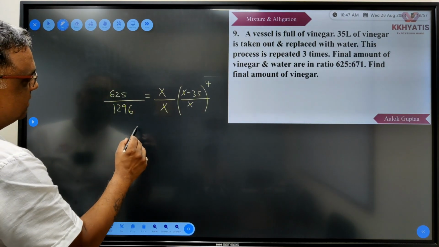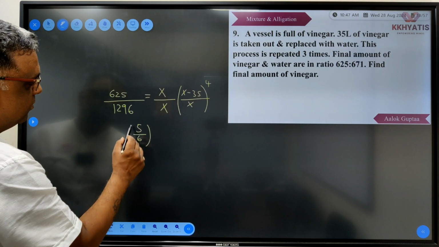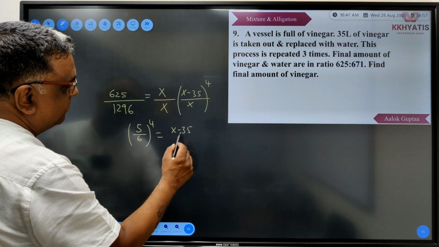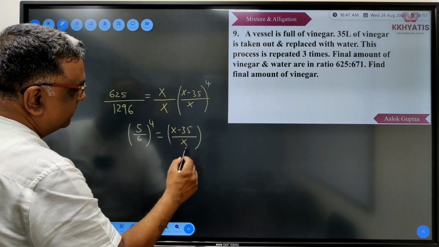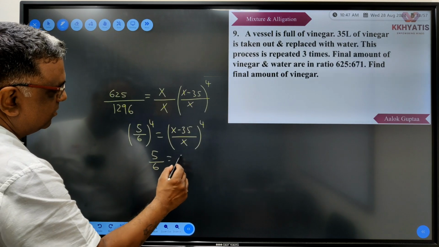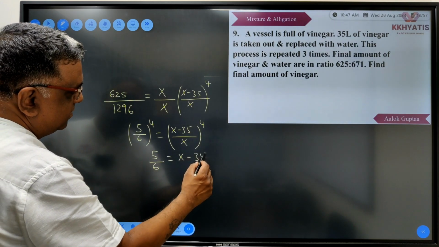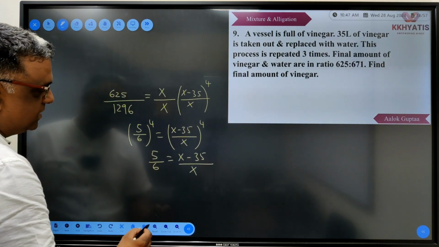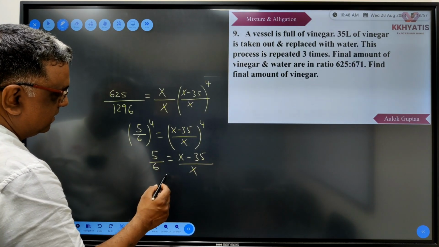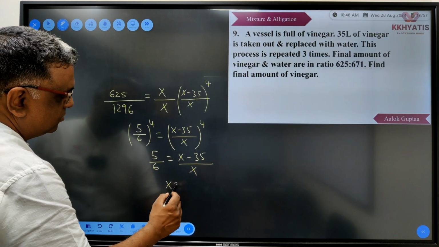So this I will write as 5 upon 6 to the power 4 is X minus 35 upon X to the power 4. Which means 5 upon 6 will become equal to it, because the powers are the same, which means the base also should be the same. 5X equals 6X minus 210. So X will be equal to 210.